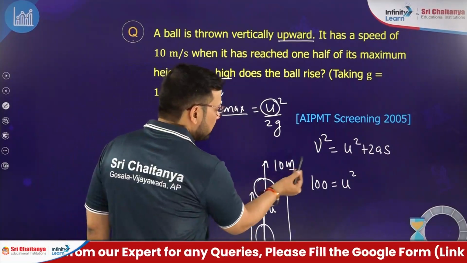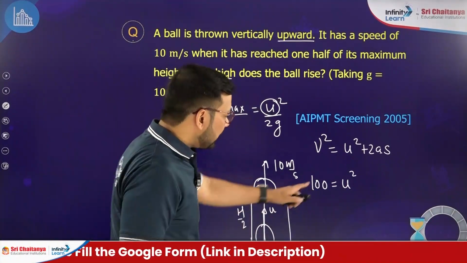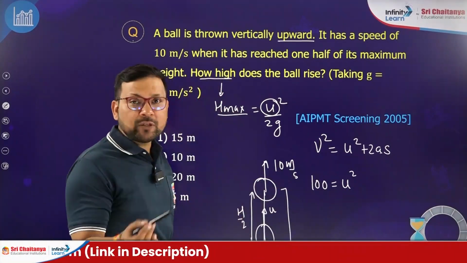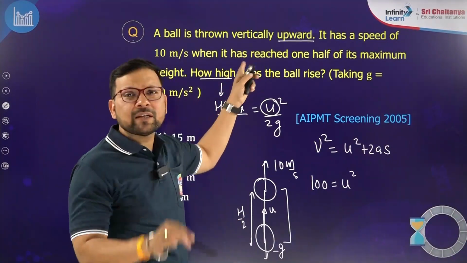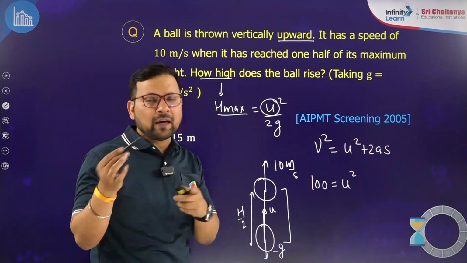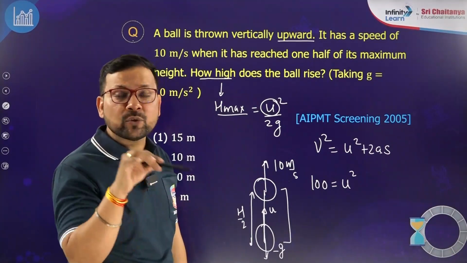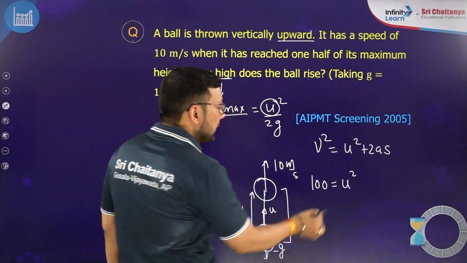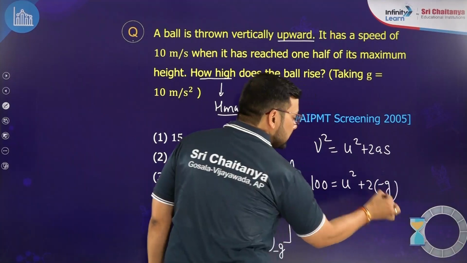Like v is upward positive, but squared anyhow it will come positive. u is unknown. I am not taking the sign because it is unknown. It will come with a sign. I don't know the sign, but upward is projection, so I can put a plus sign. Even after that also it is a square. So any sign will be there, plus or minus, u square will be positive. The sign of a is minus g because that is downward.